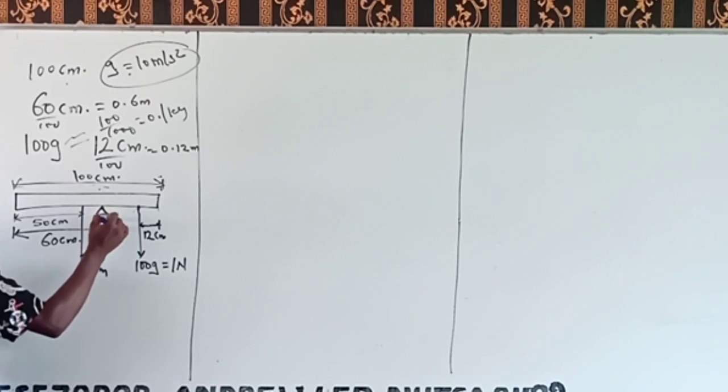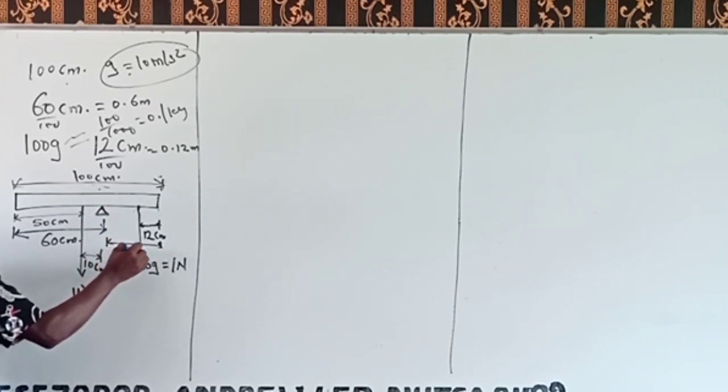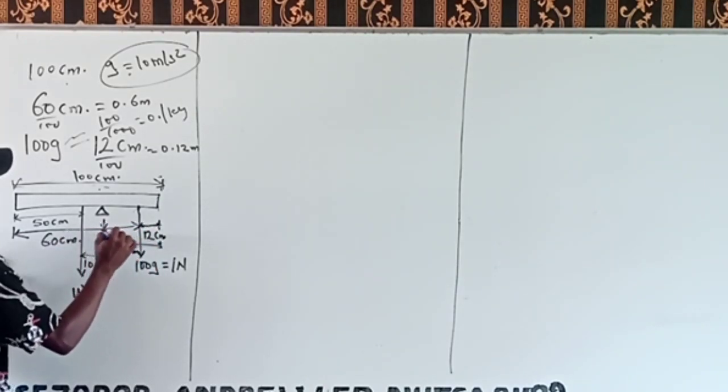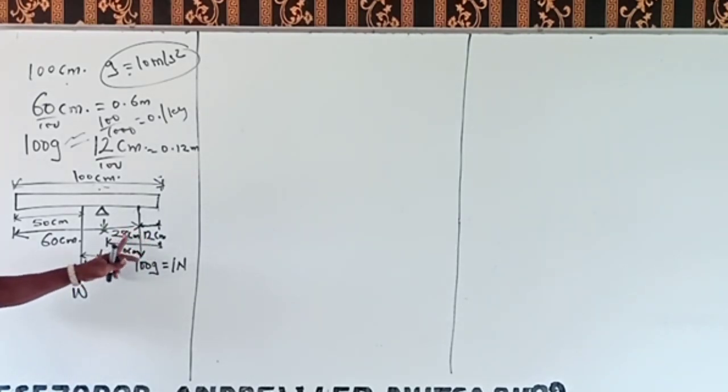If from here to this place is 40 cm, then 40 minus 12 gives us 28 cm. So 28 plus 12 is 40, and 30 plus 10 is 40.